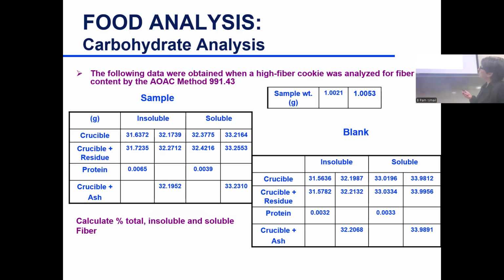And then to measure the insoluble and soluble, you want to think of your process. You need a container that will allow you to filter, some sort of a filtering unit.